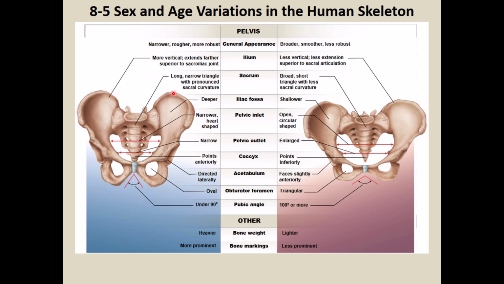So the ilium and the iliac crest that you see is higher in men than women. If you see this area, the base of the sacrum and the sacroiliac joint, the iliac crest is higher in men than women. Also, the iliac fossa is deeper in men and shallower in women.